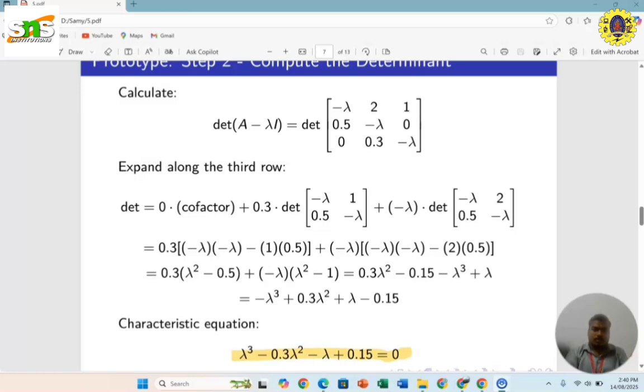So we have to determine the determinant of A minus lambda I. We expand along the third row, using the cofactors of the third row.